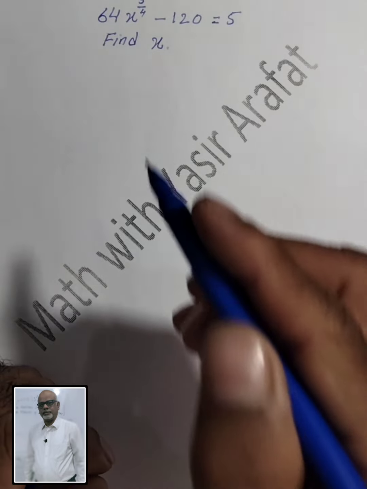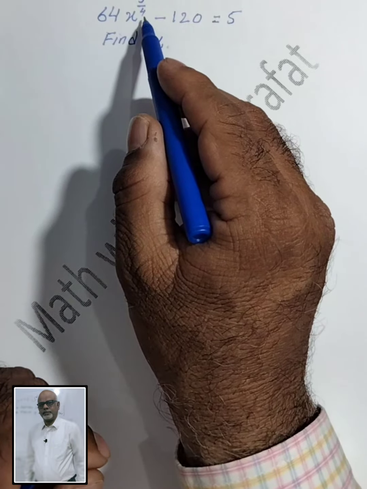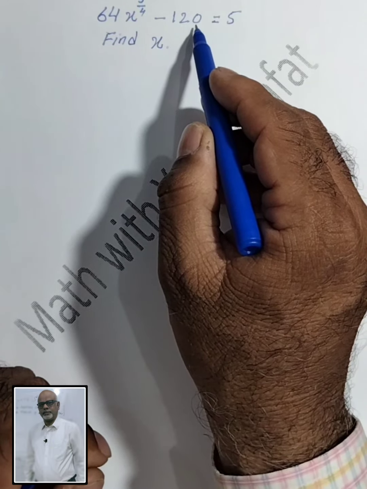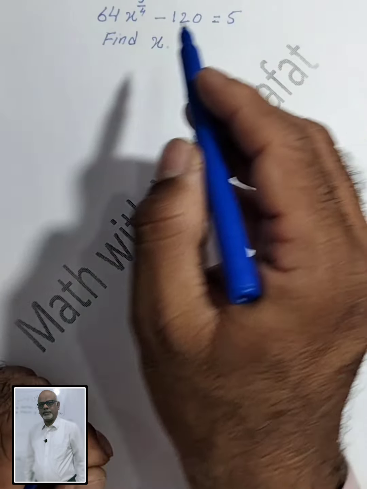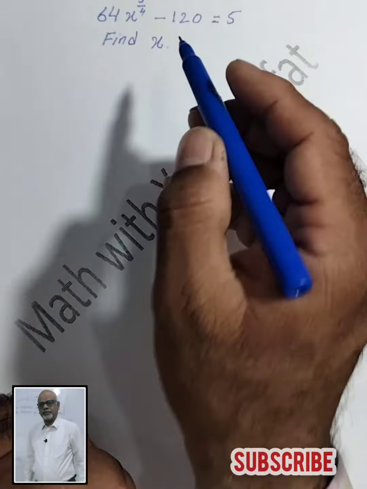Okay students, now come to the next question. This is 64 x power 3 upon 4 minus 125 equals 5, and in this equation we have to find out the value of x.